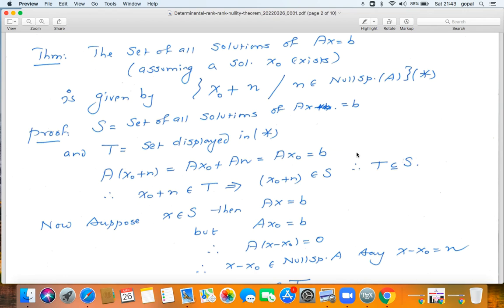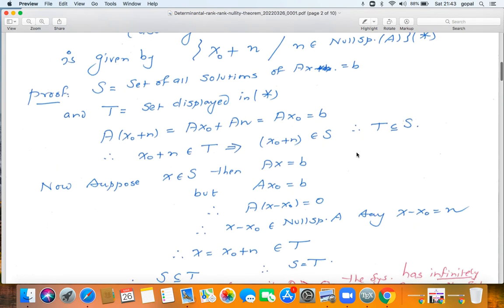Which means x minus x0 is in the null space of A. Call x minus x0 as n, which means that x is x0 plus n, and x0 plus n is in T, because x0 is the given, specific, known solution, and n is an arbitrary element in the null space. And that's how you get your T. So x0 plus n will land up in T, and so S is contained in T. Therefore, the two sets are equal.